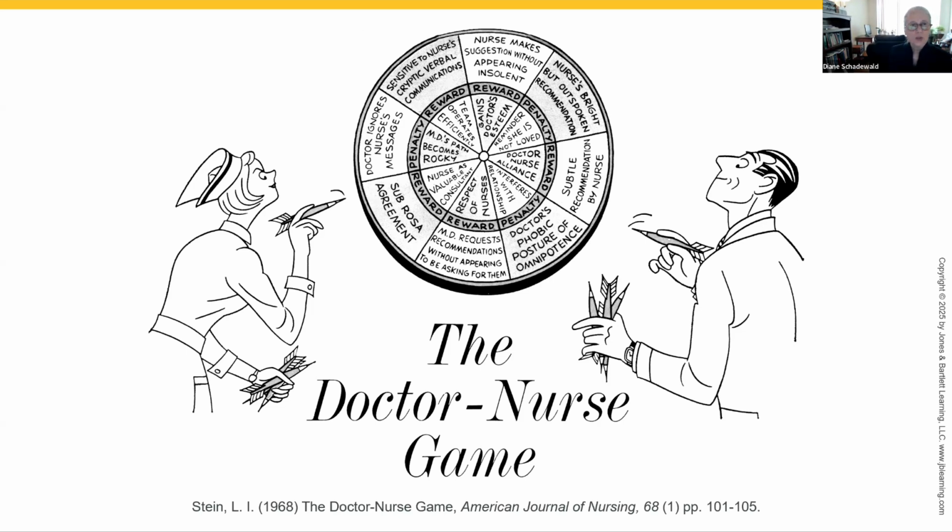And the reward for doing that from the physician was gaining the doctor's esteem. And then on the penalty side, if the doctor has a phobic posture of omnipotence, then the reaction to that interferes with the nurse-physician relationship.